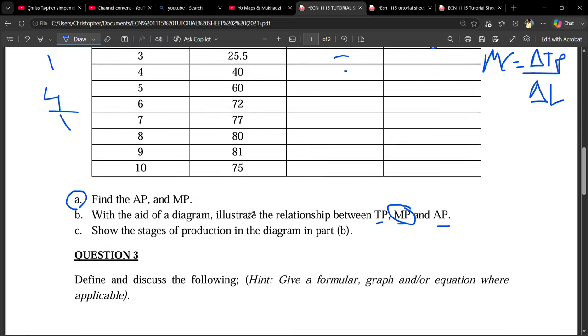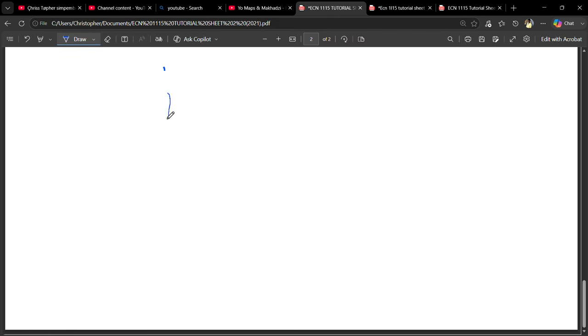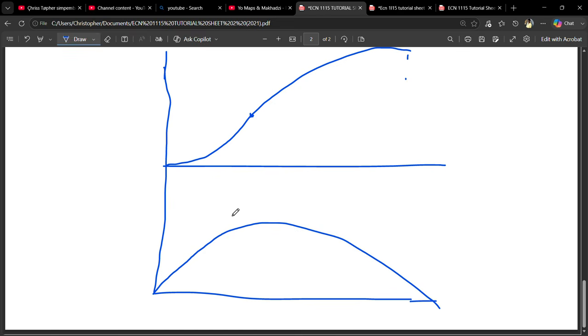So using a graph, let me try to put it here. We have our total product increasing like that, and this point of inflection is the maximum point of the marginal product.